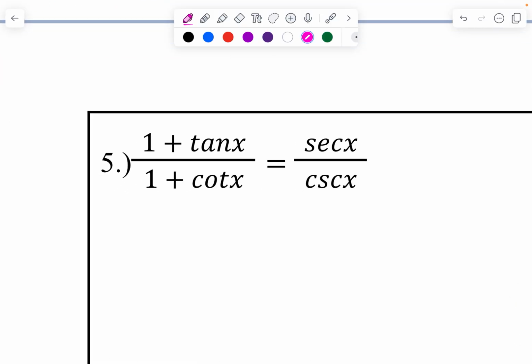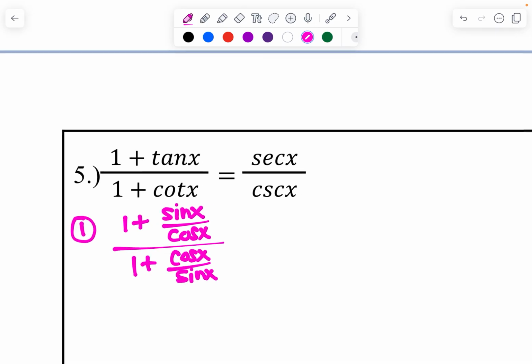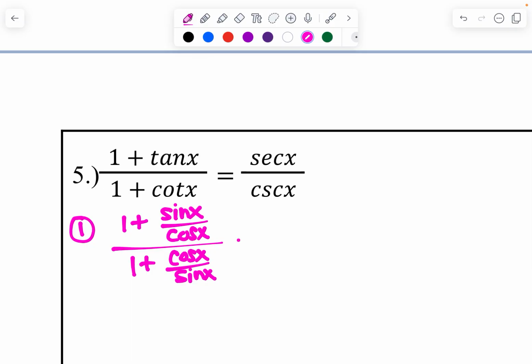All right, so let's put this in terms of sine and cosine. So tangent is sine of x over cosine of x. Cotangent is cosine of x over sine of x. So if I want a fraction bust, I've got to multiply top and bottom by sine of x cosine of x. Which, remember, is like over 1.